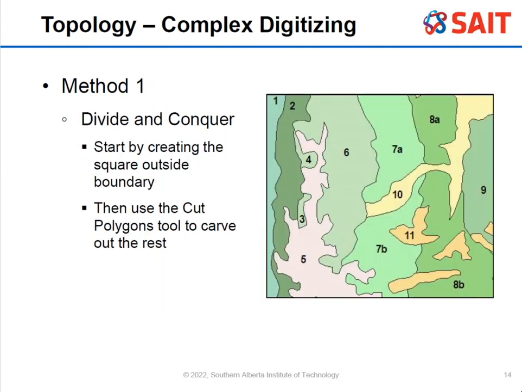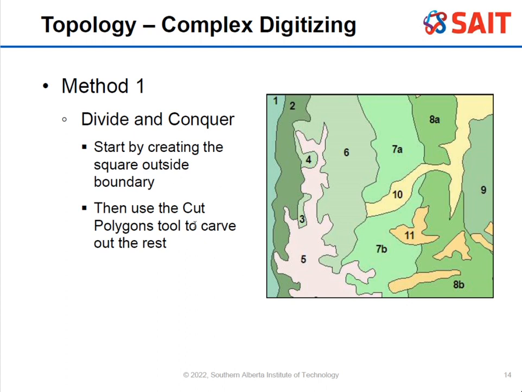So then we have complex digitizing. There's a couple methods for this. We can see, for example, we have very complex shapes. We've got round edges and we've got curves. We've got lots of things that appear to overlap. For example, A and B have little islands in them, and yet it's still all one feature for this feature 11.